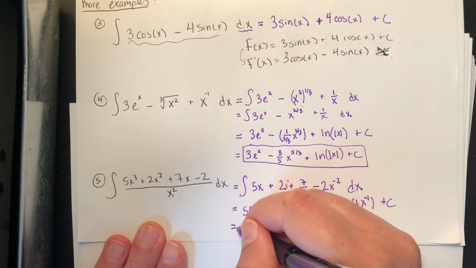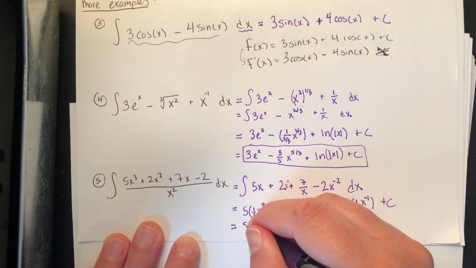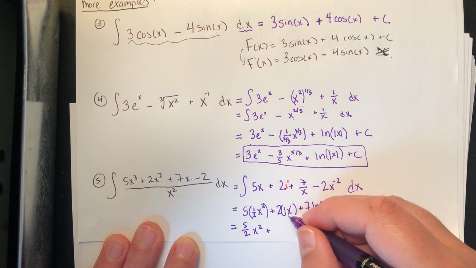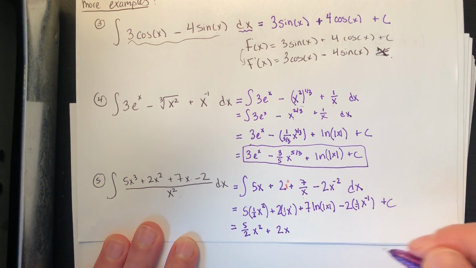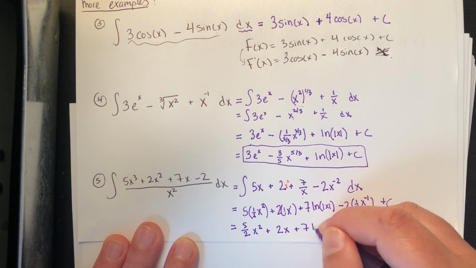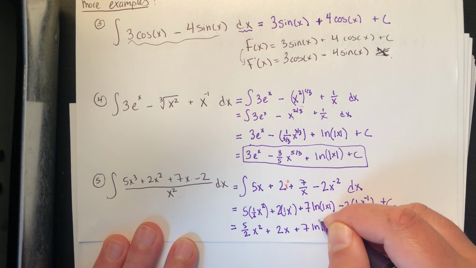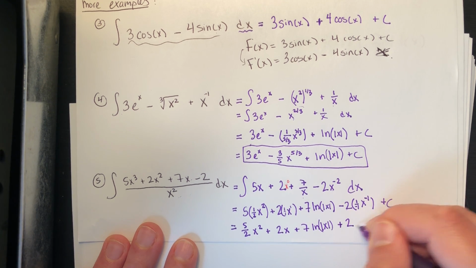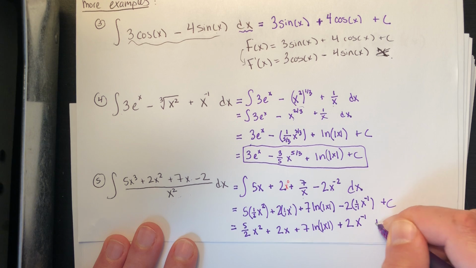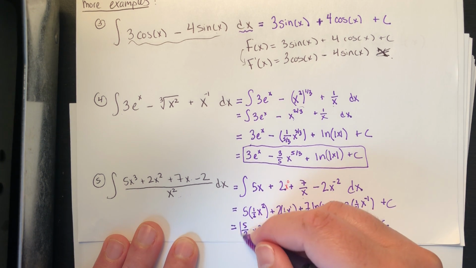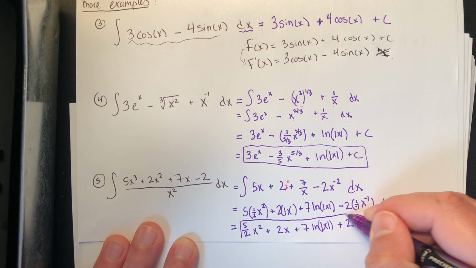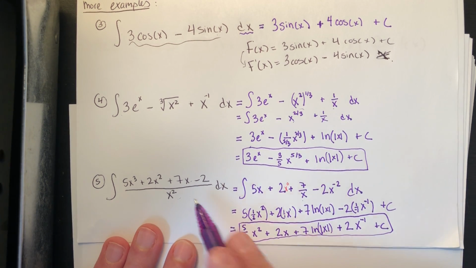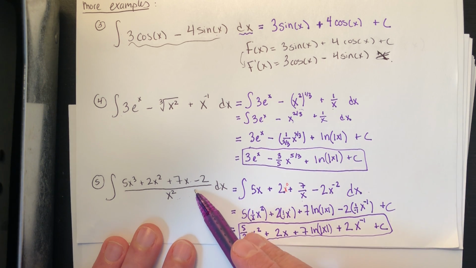Simplifying this just a little bit, we get the antiderivative is going to be 5 times 1/2 is 5/2 x squared, plus 2 times 1 is just 2, x to the 1, plus 7 ln of the absolute value of x, minus 2 times negative 1 gives me a positive 2, x to the negative 1 power, and at the end, of course, plus c. You can take the derivative of this and check that you actually end up getting something equivalent to this in the end. It'll look more like this, but it will be equivalent to this.